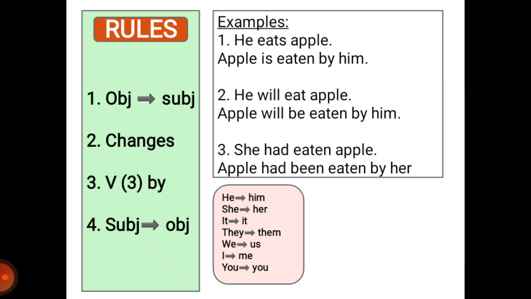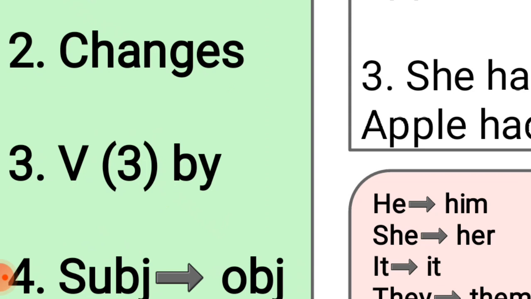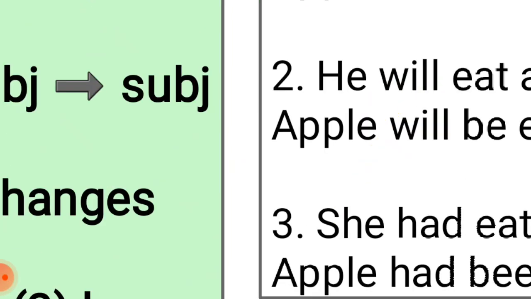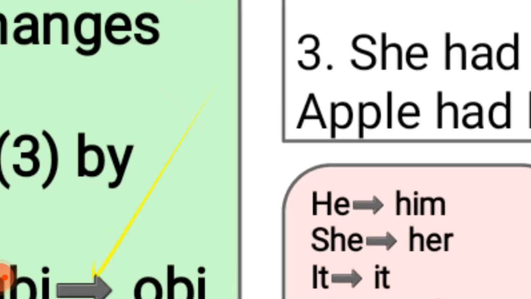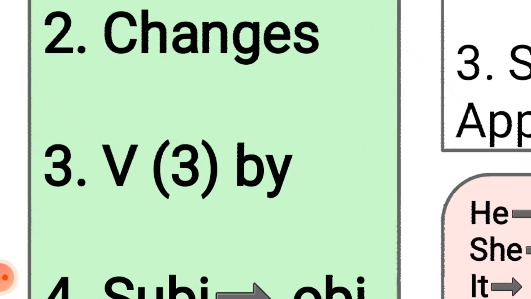Now rule number 3 is V3, which means we will use the third form of the verb. The third form of eat is eaten. That will become apple is eaten. In rule number 3, V3 by: after putting the third form of the verb, we will write by.